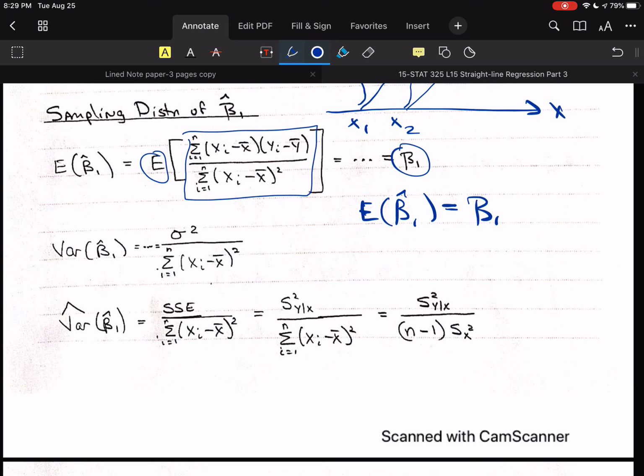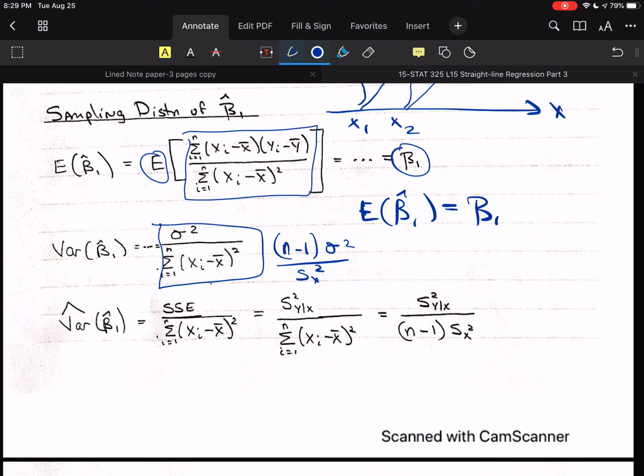So if we take the variance of beta 1 hat, again there's a lot of algebra and derivations, and then we get to this fairly nice expression here. This is sigma squared over the sum of x minus x bar squared.